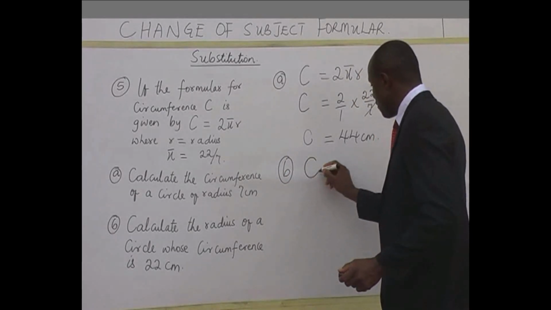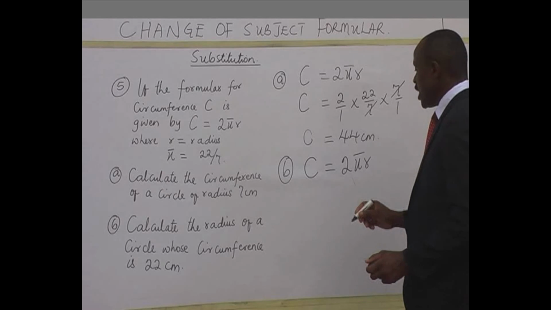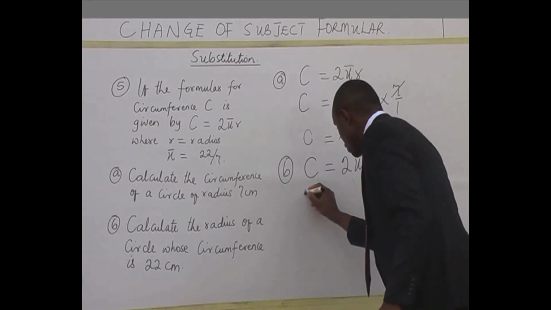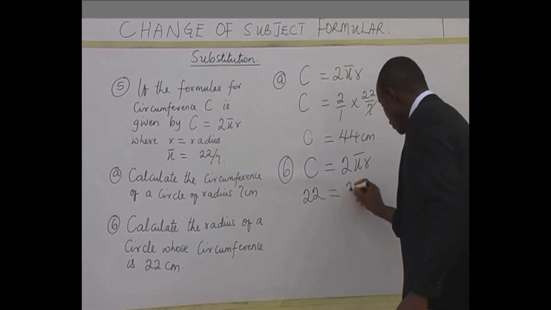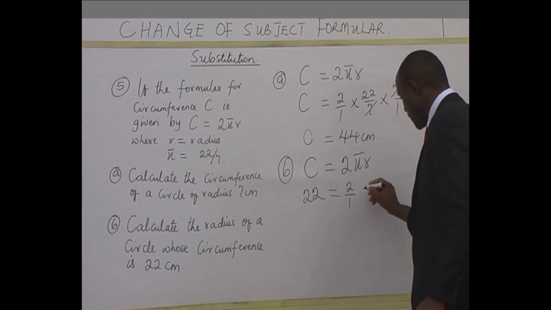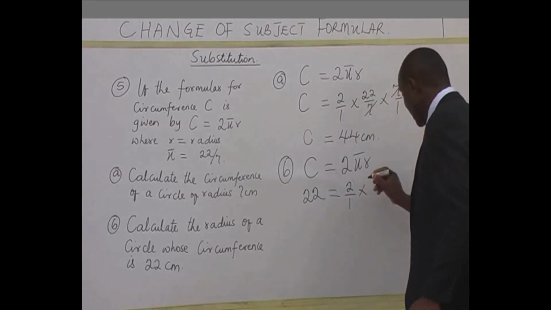The formula for circumference has been given to be C is equal to 2 pi r. In this case, C has been given to us to be 22. So use 22 and substitute C. It's going to be equal to 2 all over 1, and I wrote 2 in fraction form, times pi, which the equation says is 22 all over 7.